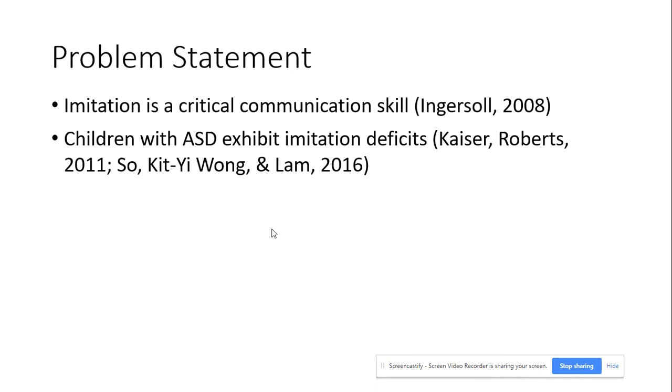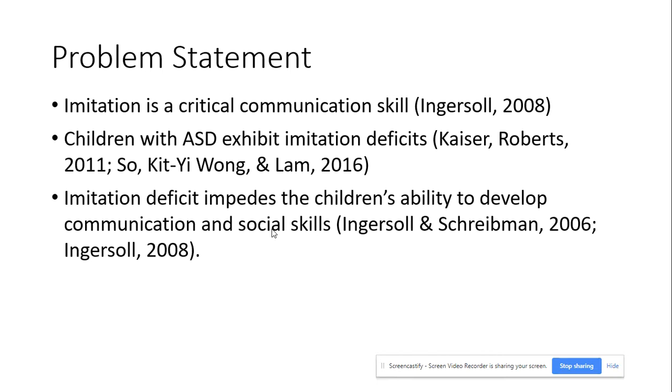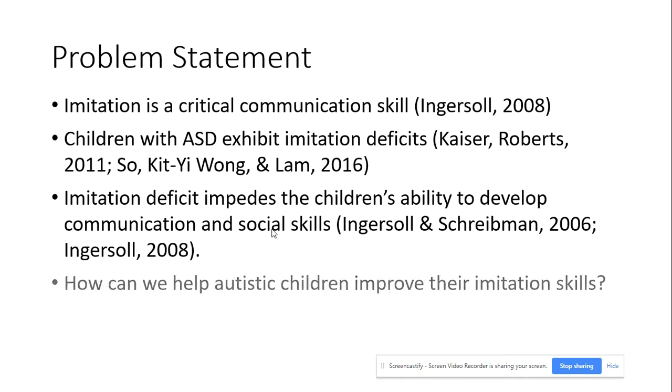And research shows that children with ASD exhibit severe imitation deficits. And when children have this imitation deficit, that impedes the child's ability to develop the necessary communication and social skills.